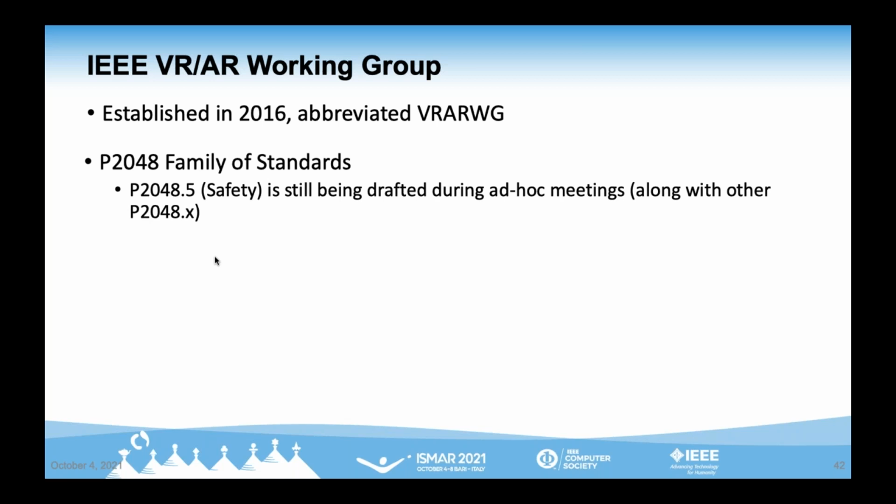There's also the IEEE Standards Association VR/AR working group, established around the same time, maybe a little bit after the ARLEM working group. It is a family of standards. There are 12 at this time. My understanding is that the work on the fifth part, on safety, is coming along.